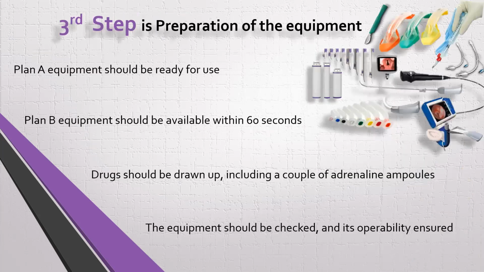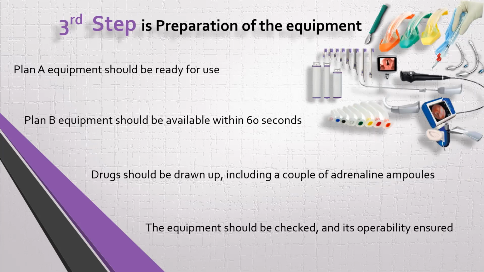The third step in preparation is preparation of the equipment. For plan A, equipment should be ready for use. For plan B, equipment should be available within 60 seconds. When I say 60 seconds, it means this equipment should be available in the room, within reach of my hand, wherever possible unwrapped and lubricated.